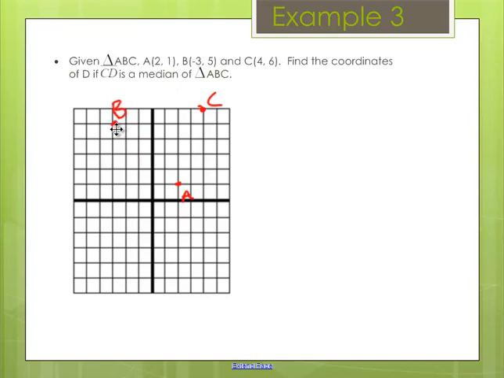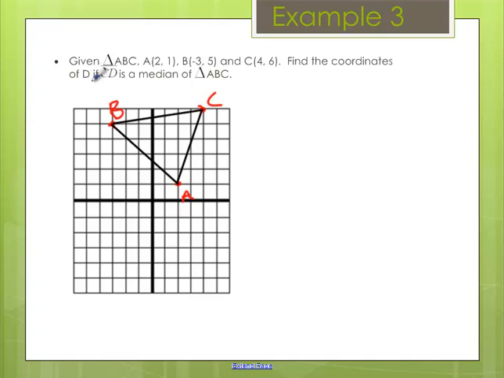Oh, that's not supposed to happen. Let's try that again. Let's get some lines. Those are a little too big. I swear I'll get this right at some point. Here we go. Alright, so here's triangle ABC. Took a little longer than I would have liked, but here's triangle ABC.